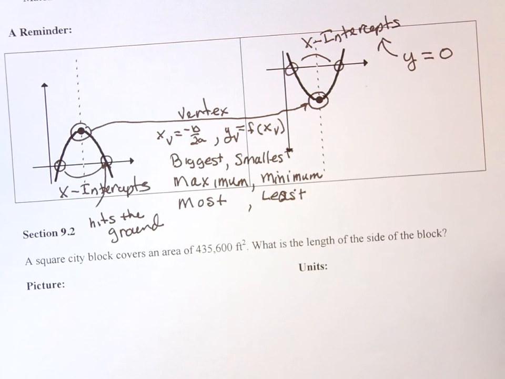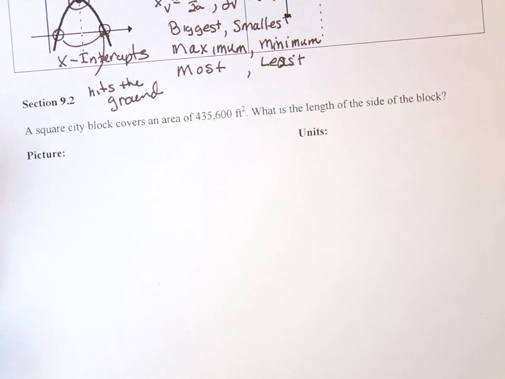The first set of word problems that we're going to hit are going to be a little different. And that's your more typical word problem. And this is where, if possible, I draw a picture.